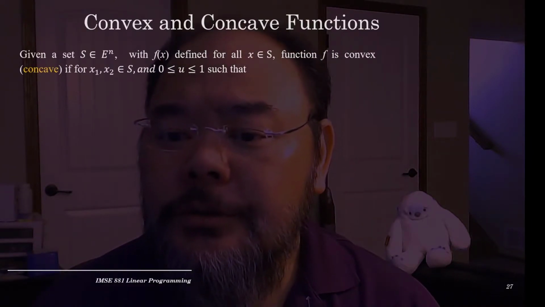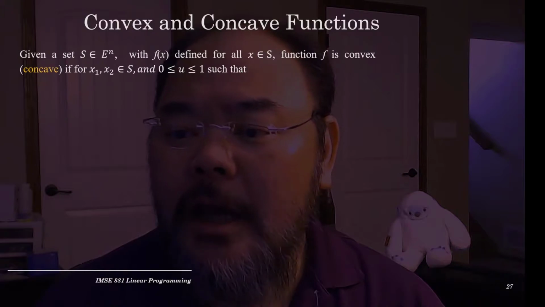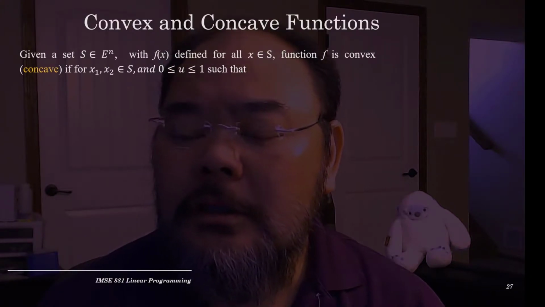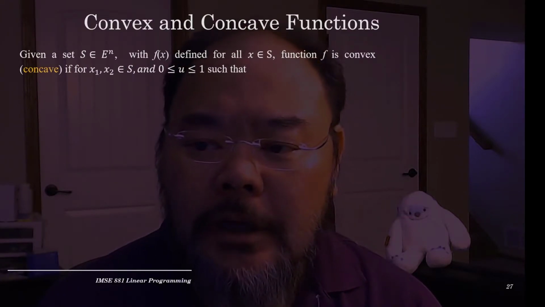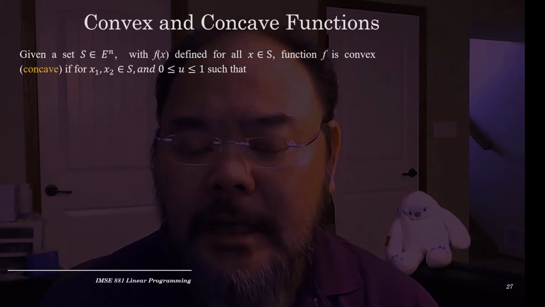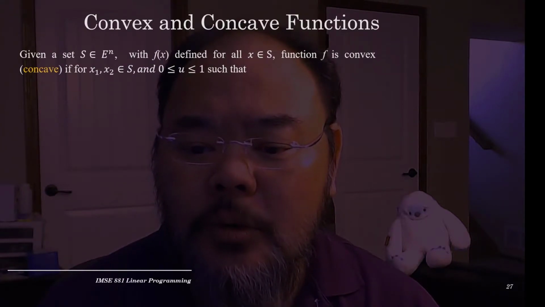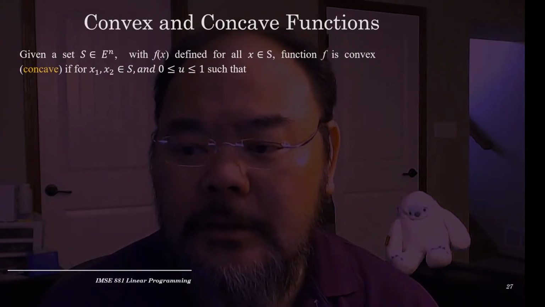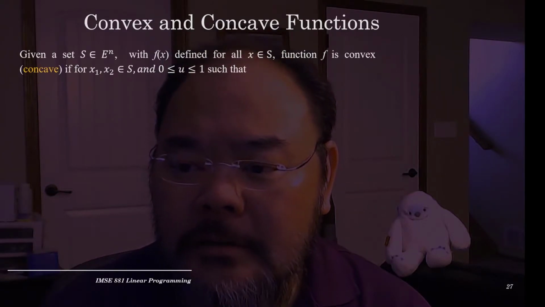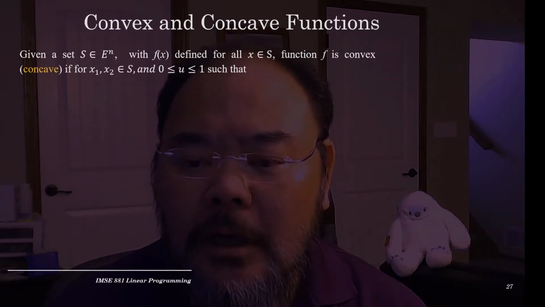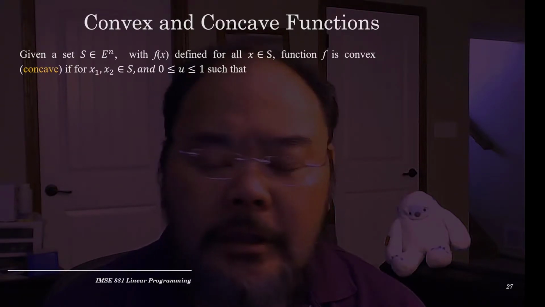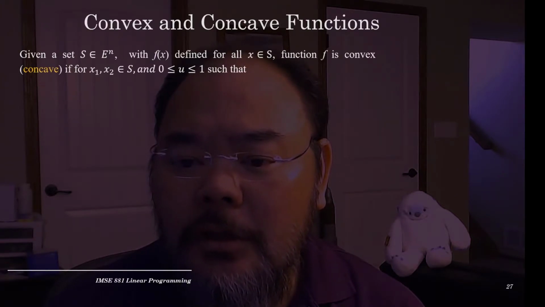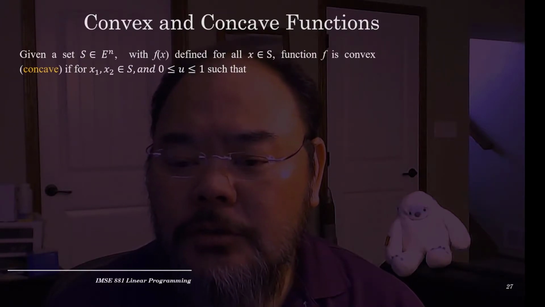Next, we're going to introduce a very popular and very important concept called a convex or concave function. Before this, we introduced the convex set, a set of points forming a convex region or a non-convex region, where taking a convex combination of any points within that set still belongs to the set.